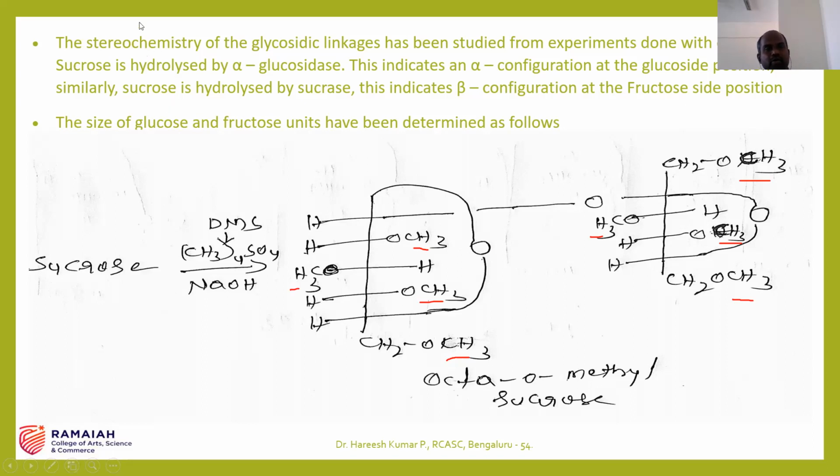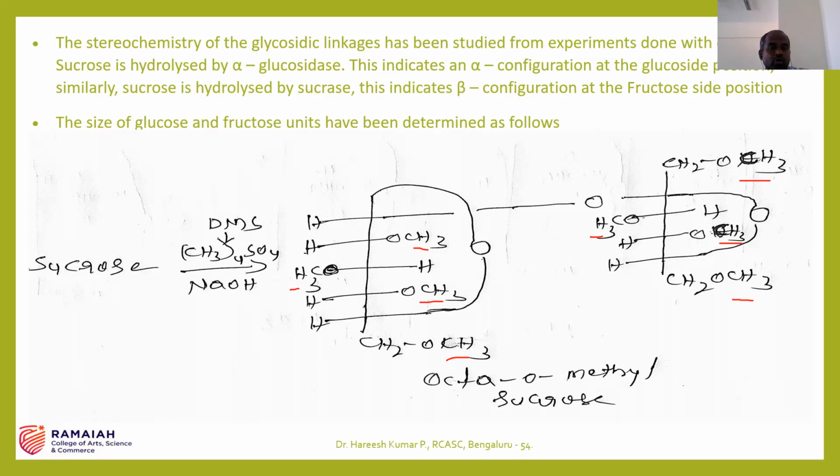I think you are aware of the stereochemistry. Stereochemistry means retention of configuration. For that, two enzymes are used. One is alpha-glucosidase. When sucrose is hydrolyzed using the enzyme alpha-glucosidase, this indicates the alpha configuration of the glucose side. You know that sucrose contains two units, one is glucose, another one is fructose.